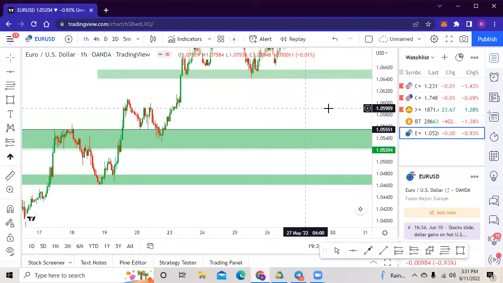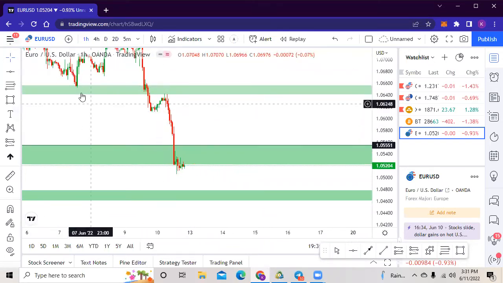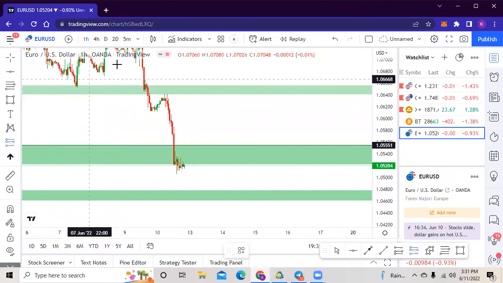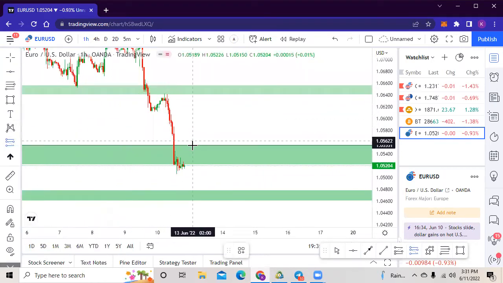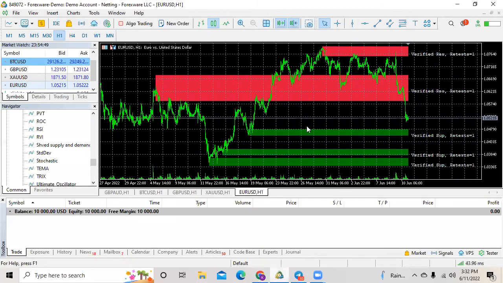So we did get the break and the retest already. I don't think that's a good enough break and retest for me. Let's see what level this is at right now. Okay, it's not really.